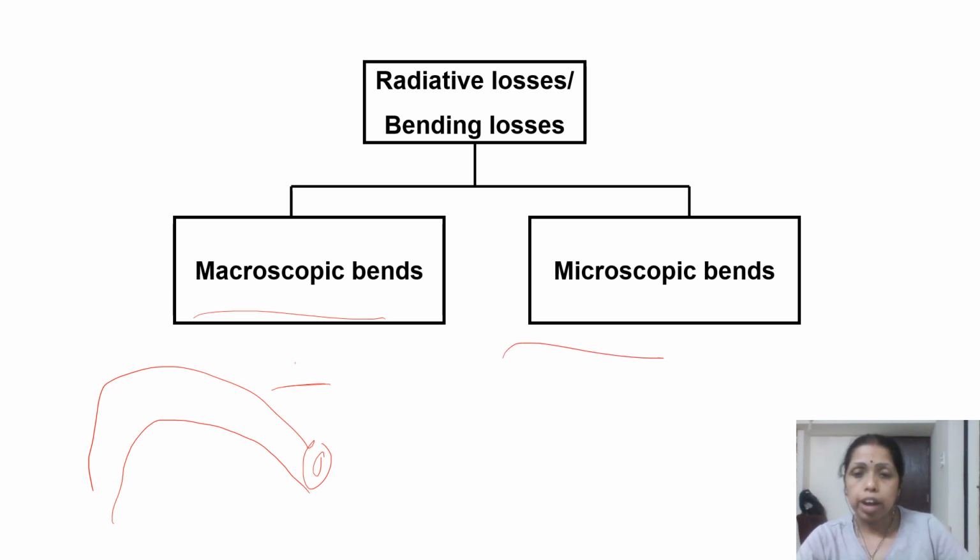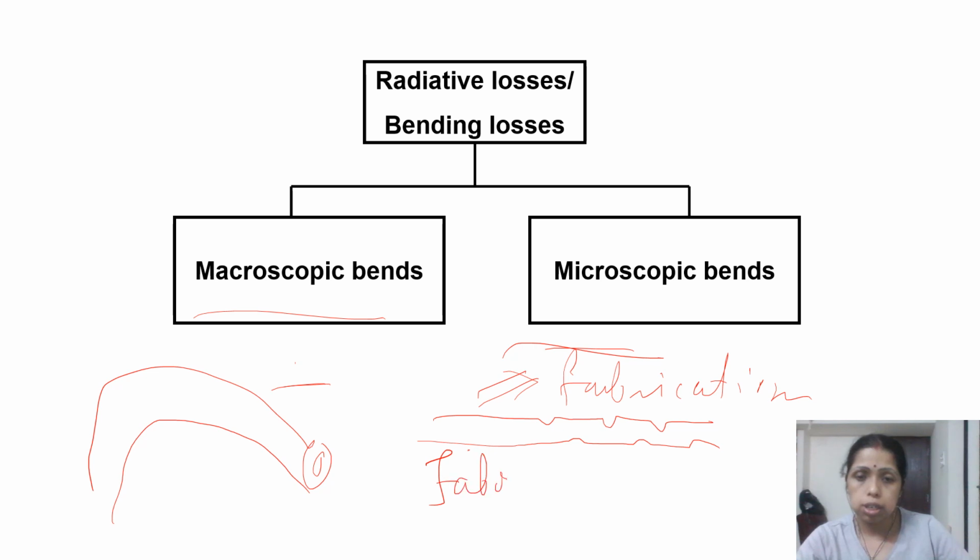Micro bending means a small bend in the cladding layer. This is called micro bending loss. It happens mainly during fabrication, and also during handling.